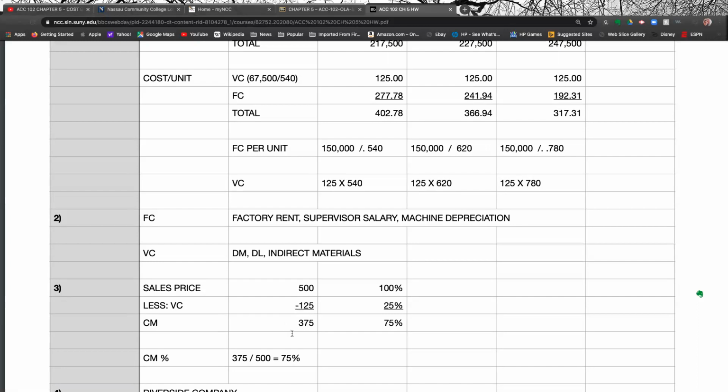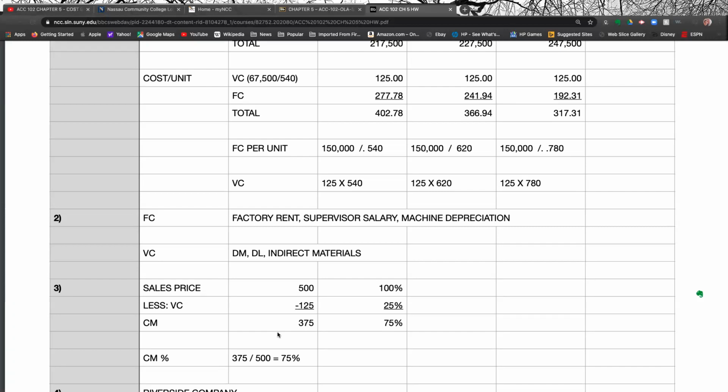The contribution margin is $375. What's the contribution margin ratio? It's the contribution margin over the selling price. So 375 over 500 is 75%. And here's just another way of looking at it. 75%.